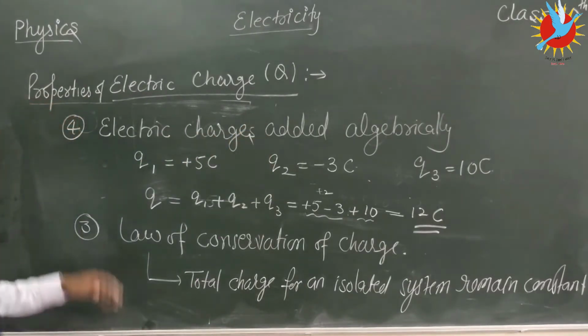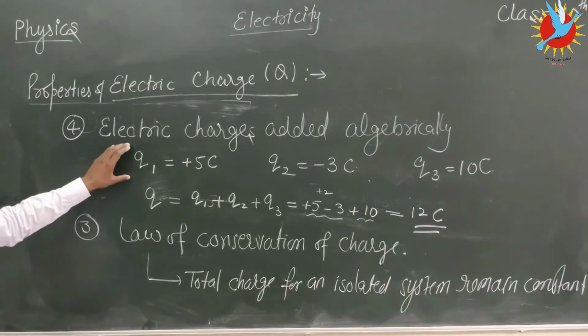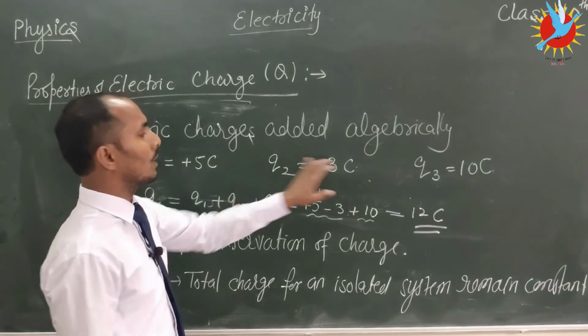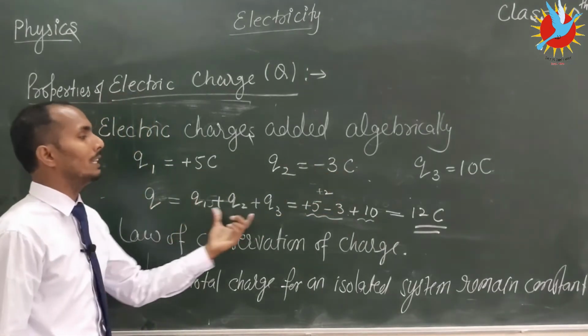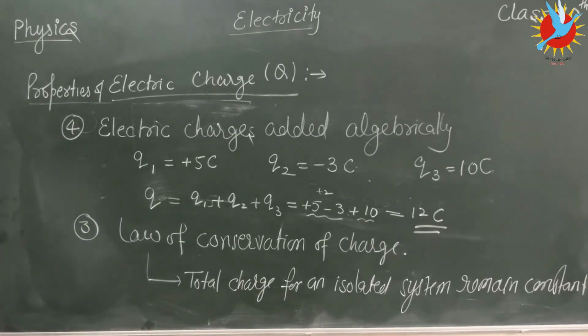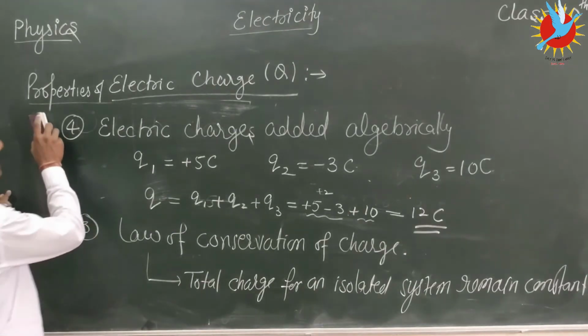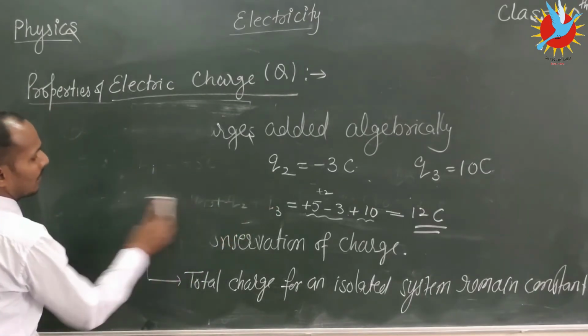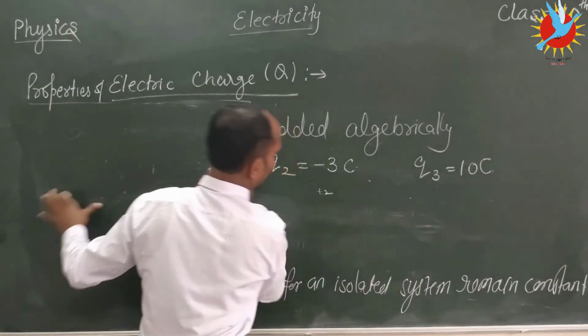Suppose a body has 3 charges. When we transfer 3 charges on the body, then the total charge on the body is 12 coulomb. Okay, last point. Now we discuss the last property of electrical charge.